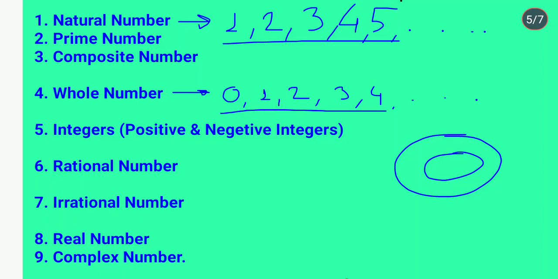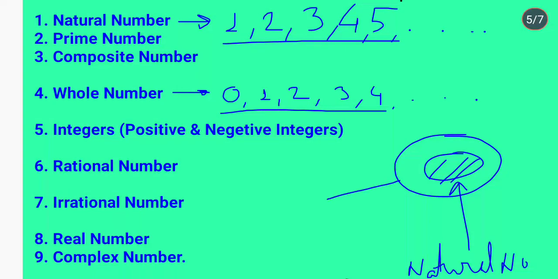You can draw a diagram stating this being natural numbers and this is whole numbers. So every natural number is a whole number. This statement is correct. Now moving on to our next question.